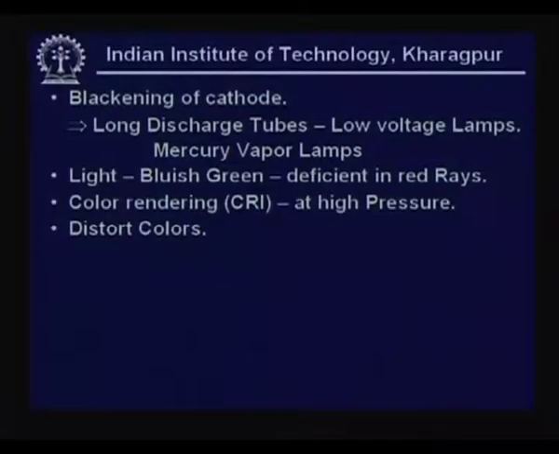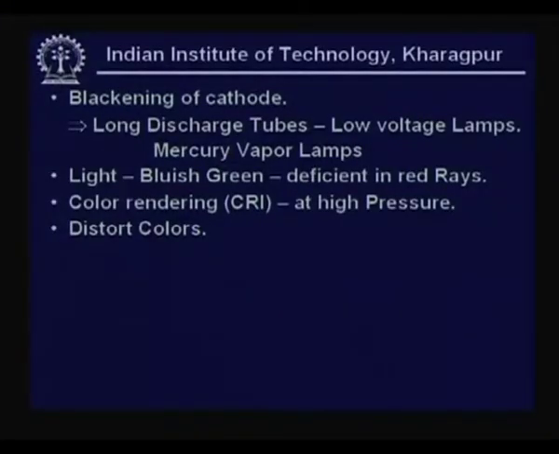Now, because of the nature of discharge lamp radiation being not a continuous one as in the case of an incandescent one, they do not give good reproduction of the color of the object. This is what we call color rendering, and color rendering is talked about in terms of qualitative as well as quantitative indices, which will be taken up at a later point in one of the lectures. It is also known to distort colors.